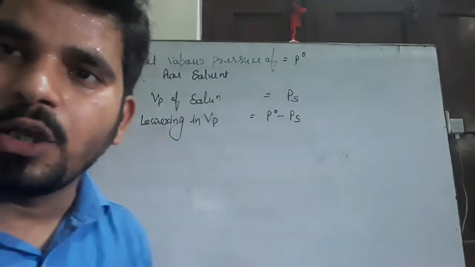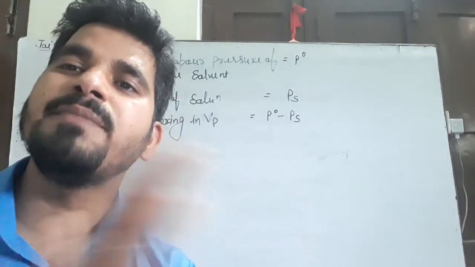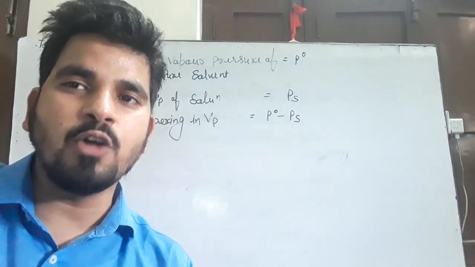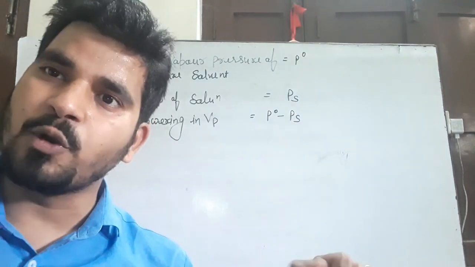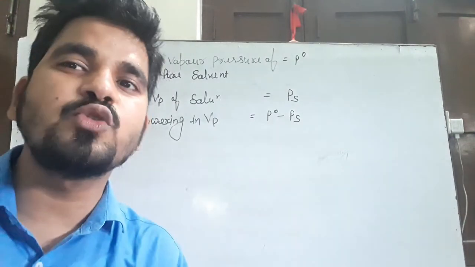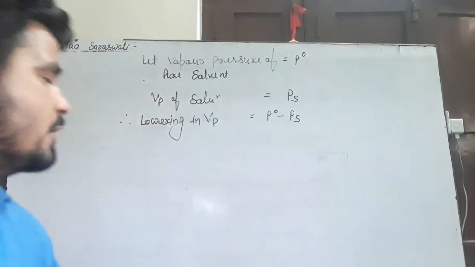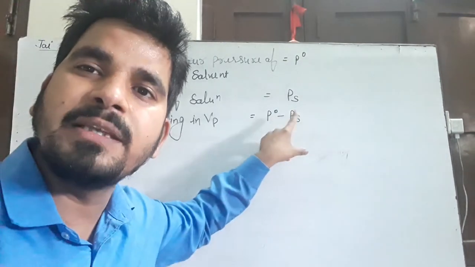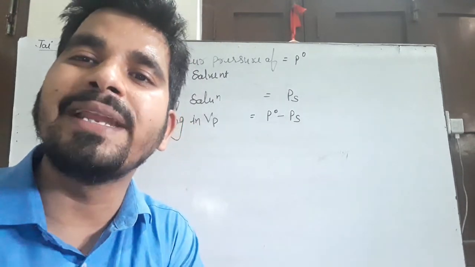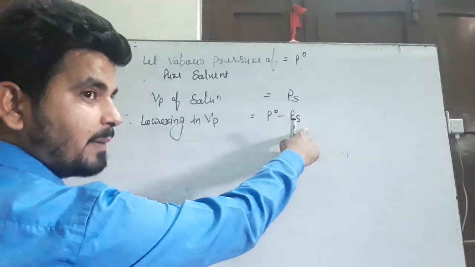Yes or no? How is it, beta? Obviously, for a difference, beta, maximum minus minimum, we know very well how much lowering is coming out. We know very well the vapor pressure of pure solvent is high and the vapor pressure of solution is low. So to differentiate, we need to subtract. The vapor pressure of pure solvent will be subtracted by the vapor pressure of solution, then only we will get how much lowering is coming out. So this is lowering in vapor pressure.